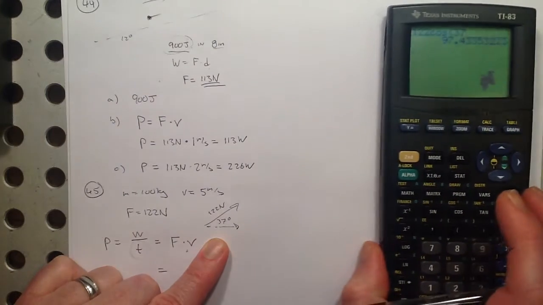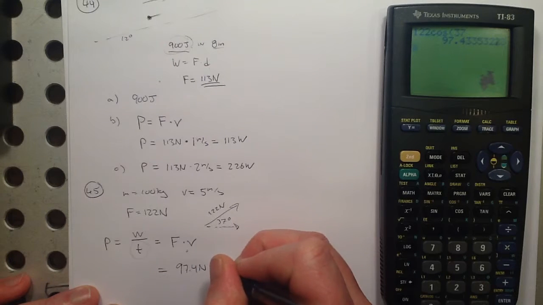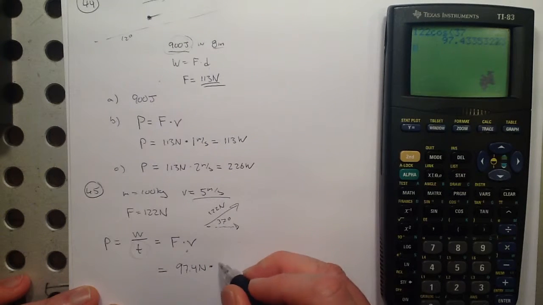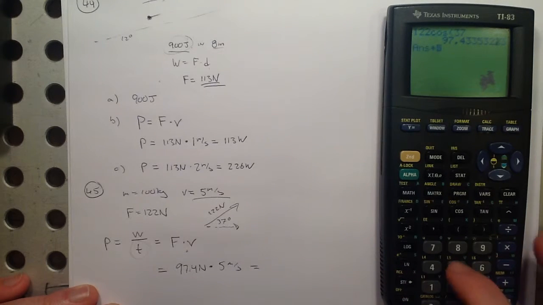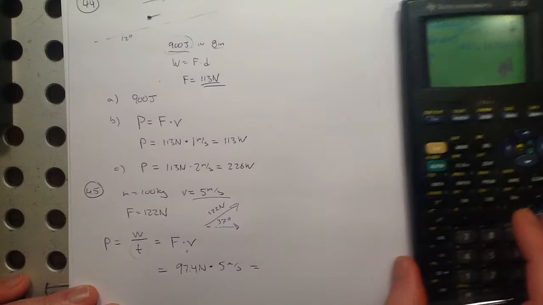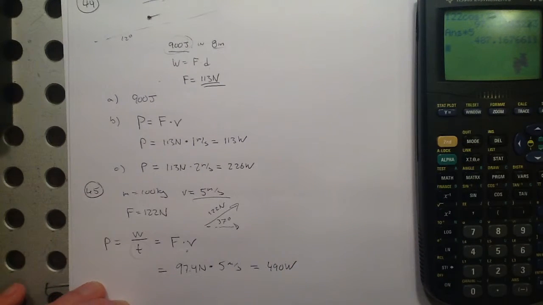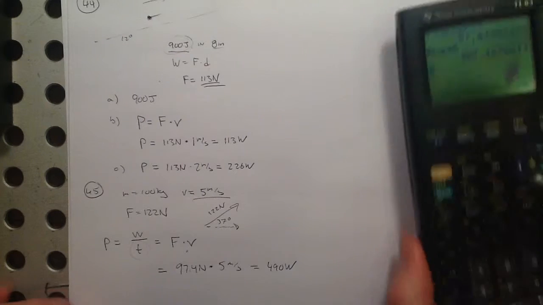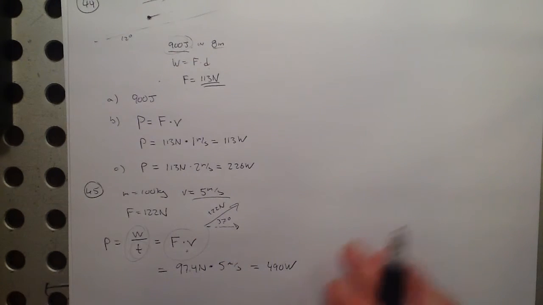Now it's about 97.4 newtons times the velocity of 5 meters per second. So times 5, that's about 490 watts. Number 45 done. These power problems are not really hard. I guess the most confusing thing is knowing which one of those you should use.